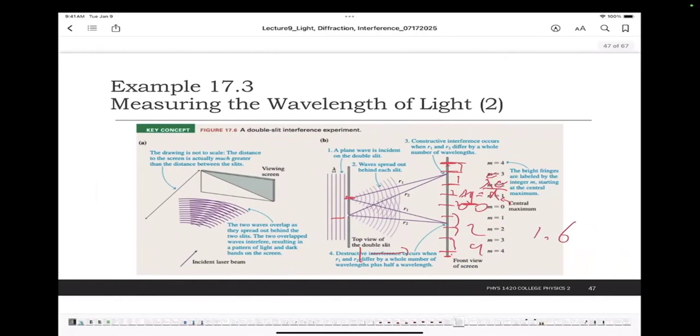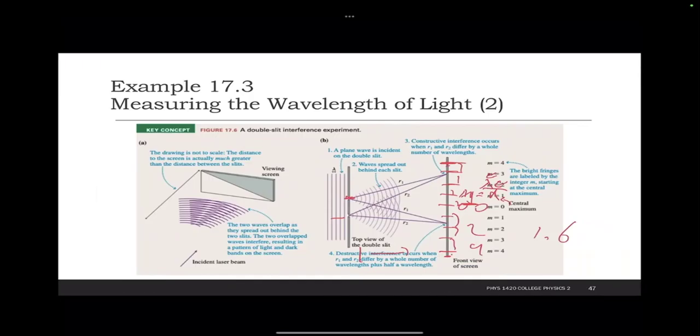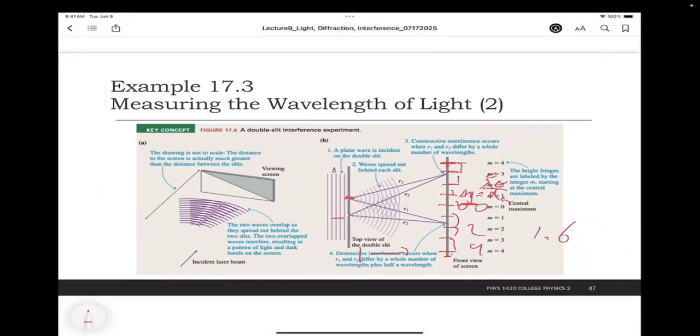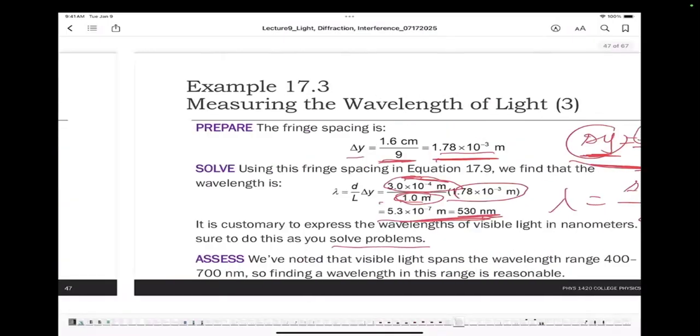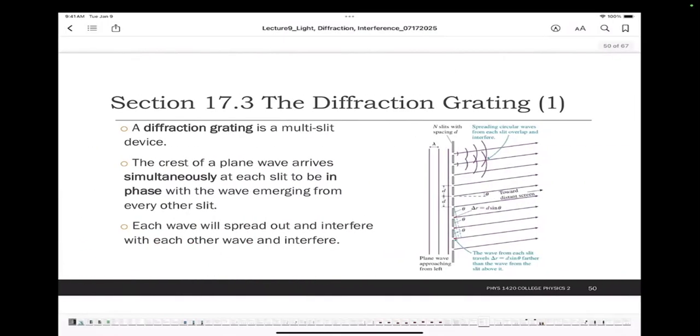Here is just two, one, two. But if there are multiple slits, there is a device we call a diffraction grating. It is a multi slit device.